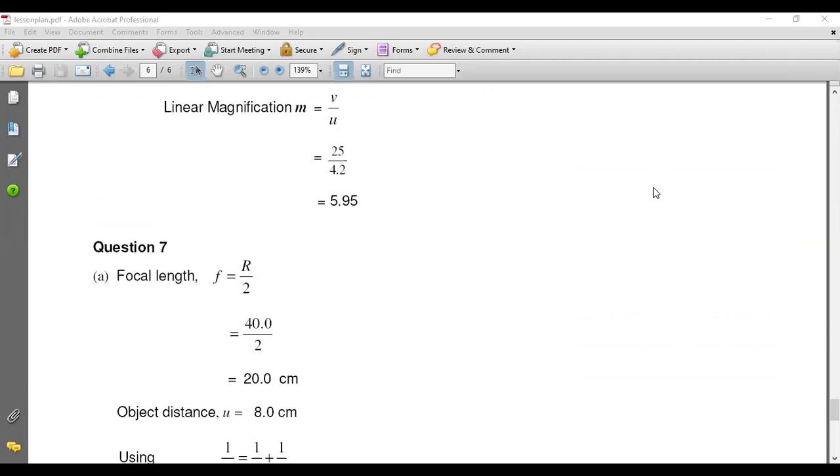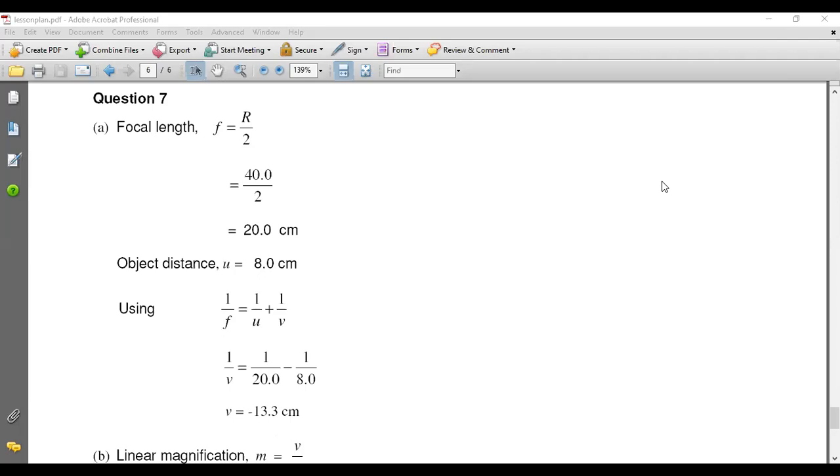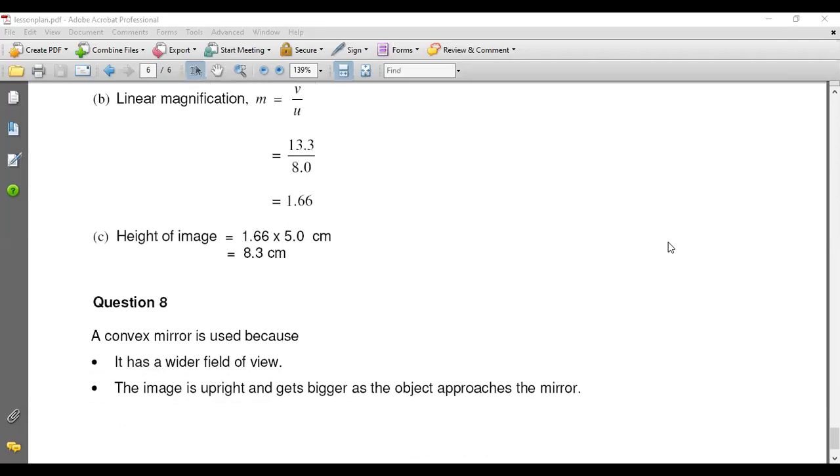And also the answer for question number 7. And also the answer for question number 8.